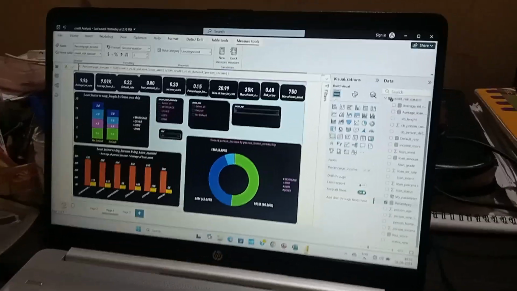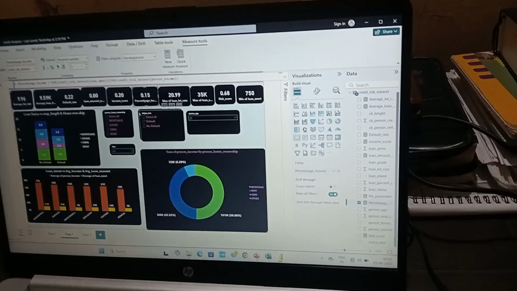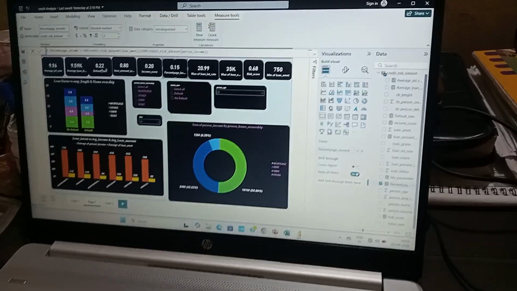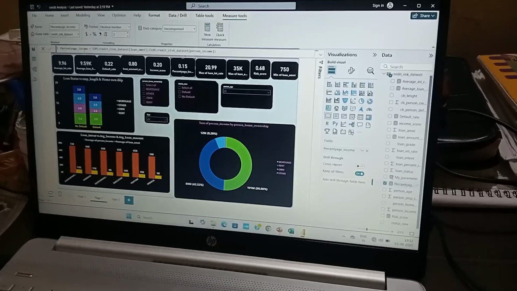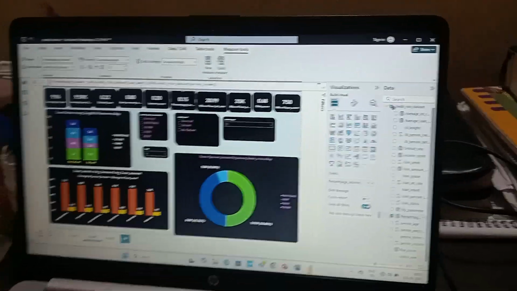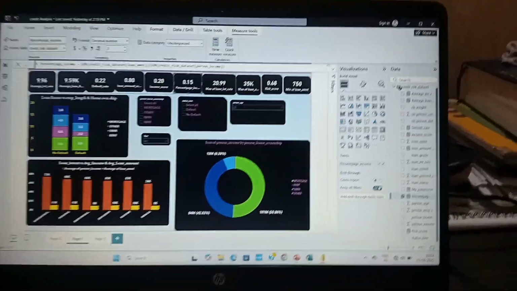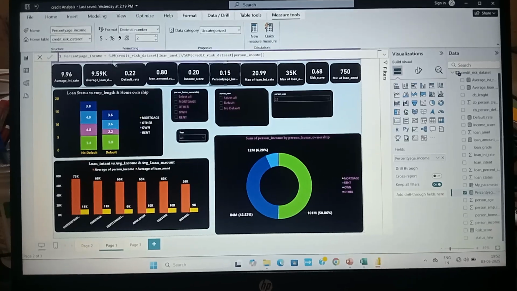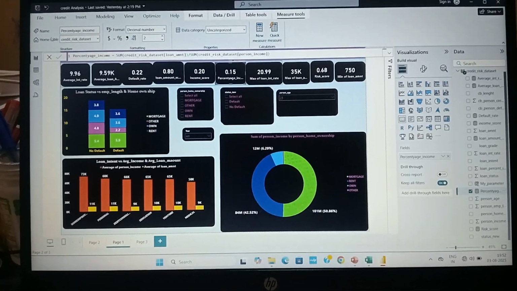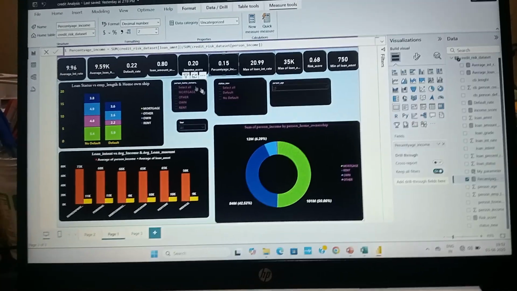All the questions I am mentioning right now were asked in our questions. For the percentage of income, we take the loan amount divided by the person income, and then we convert it into a percent.